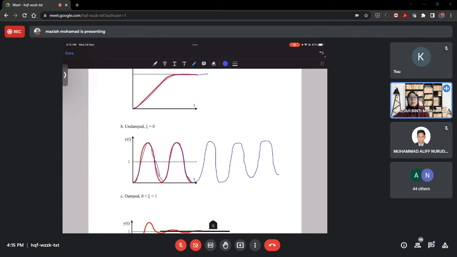All right, because there is nothing that is able to reduce the energy of the system. The function of damping is to reduce the energy of the system so that we want the amplitude to be reduced over time.